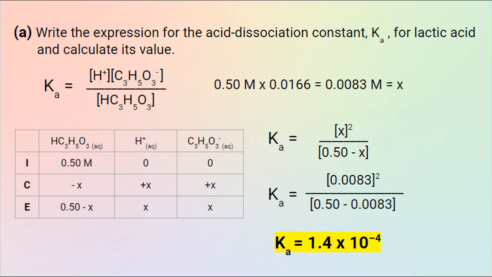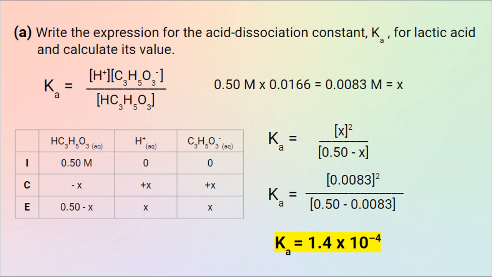From there, we're going to set up an ICE box using the equation provided to us before. So we have 0.5 molarity of HC3H5O3 aqueous and none of the initial concentration for H plus and C3H5O3 minus. And we use the coefficients from the equation to figure out the change was minus x, plus x, and plus x. So for HC3H5O3, its equilibrium is 0.5 minus x, and for H plus as well as C3H5O3 minus, it's both x.